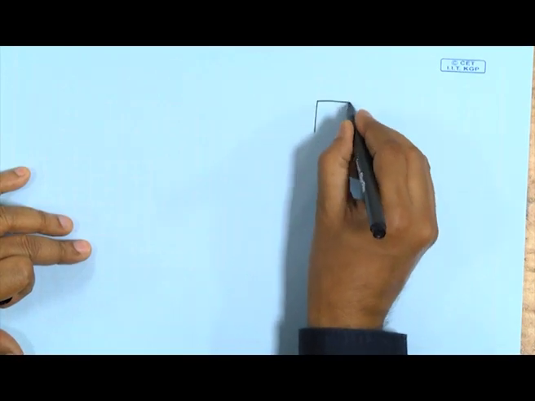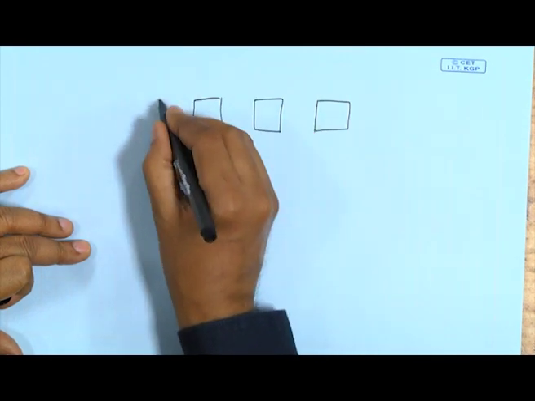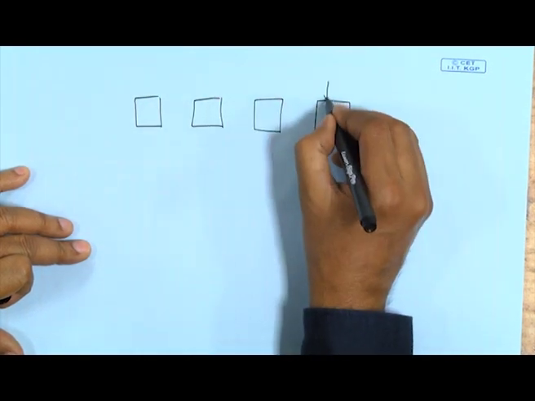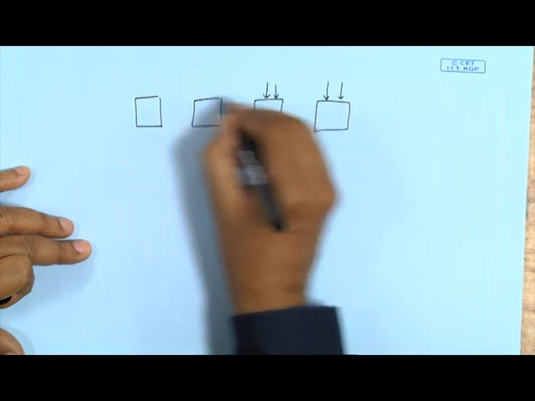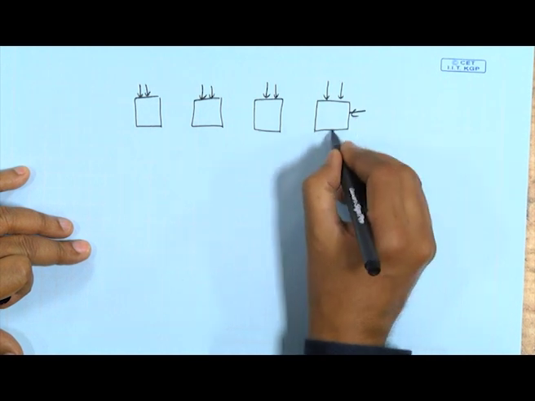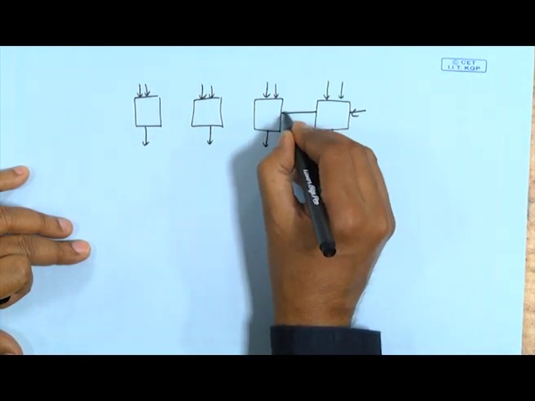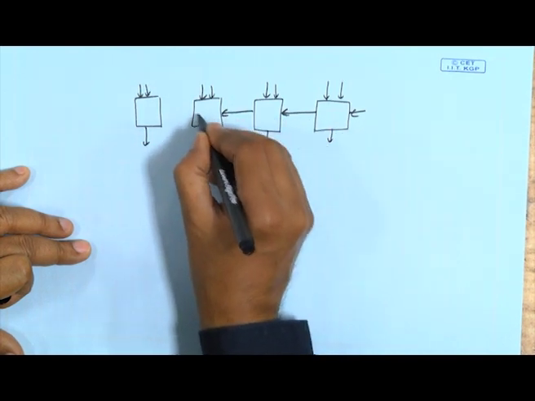Now, if you do this, let us try to understand what you are actually gaining. In a normal ripple carry adder that you have seen earlier, the inputs were coming, carry in was there, these were the sum outputs, and the carry outputs were rippling through, right.